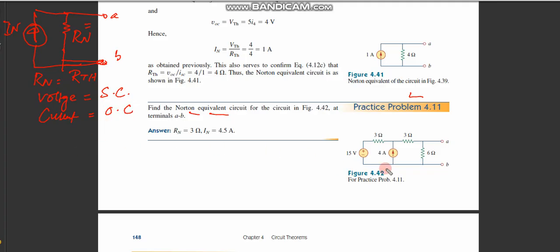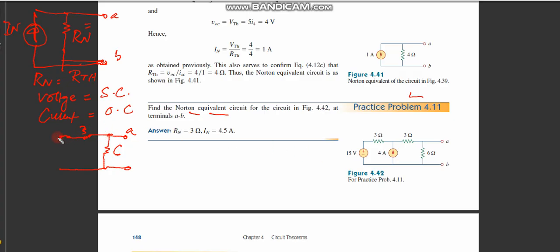So this given circuit I can redraw as, from terminal A, I have the resistance which is 3, this is 3 ohms. And then I have a resistance which is 6. Now I open this, so I don't need this thing, I ignore it.